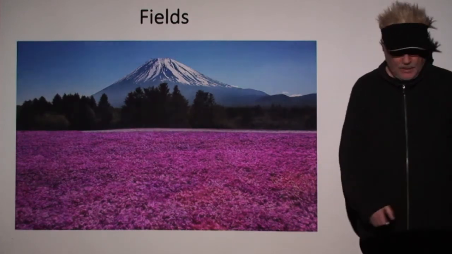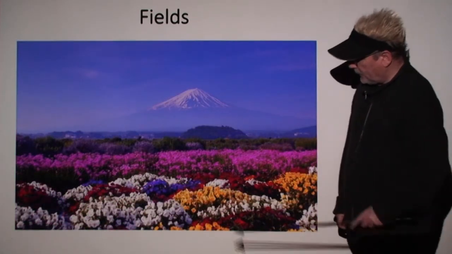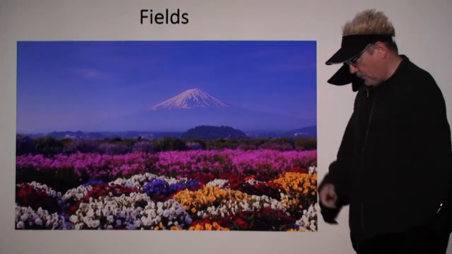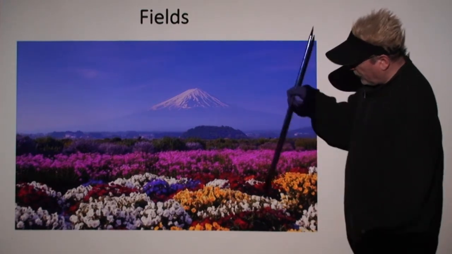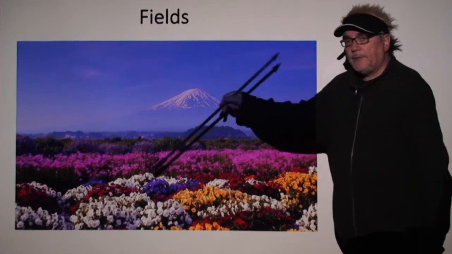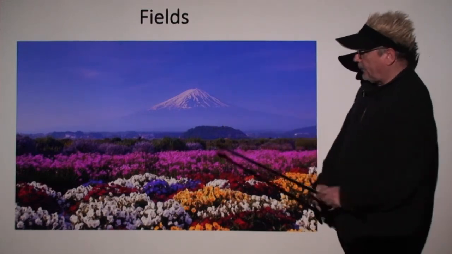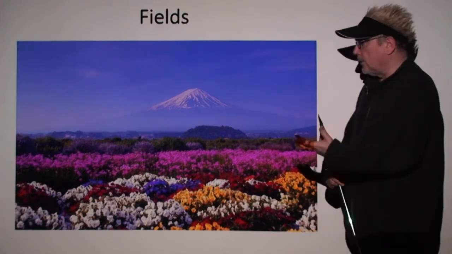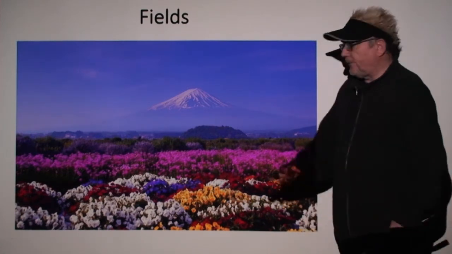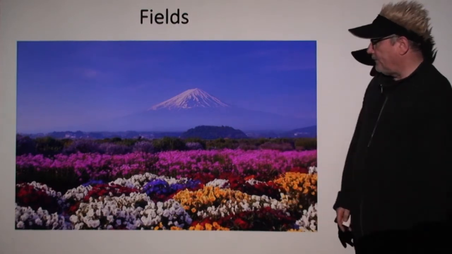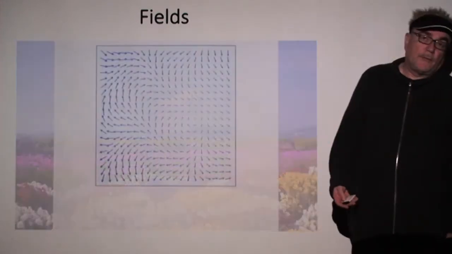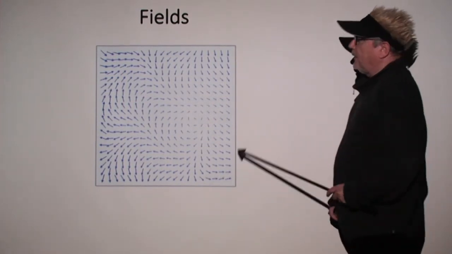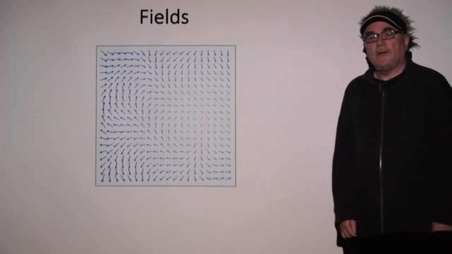Actually, we can do something even more interesting here with different types of flowers and different colors and different heights, whatever. And so for each point in the field, in this 2D surface, we can define, for instance, which color of the flower is there, or what is its height, etc.